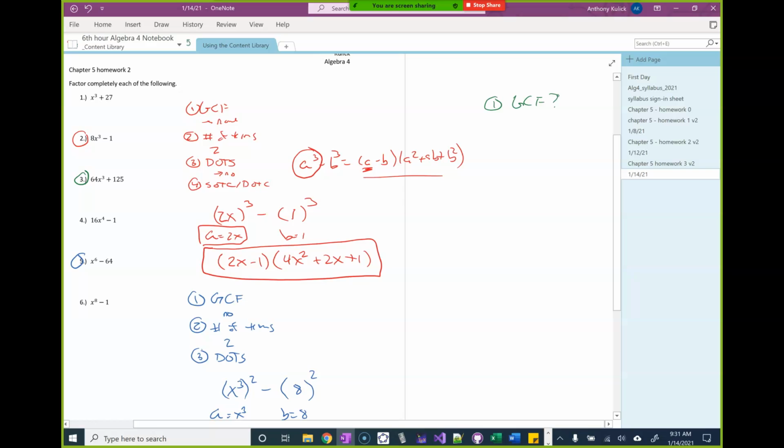So again, 64x cubed plus 125. The first thing we'll check for is the greatest common factor. There isn't one, right? Since 64, all of its divisors are factors of 2, and 125, all of its divisors are factors of 5. So nothing in common there.